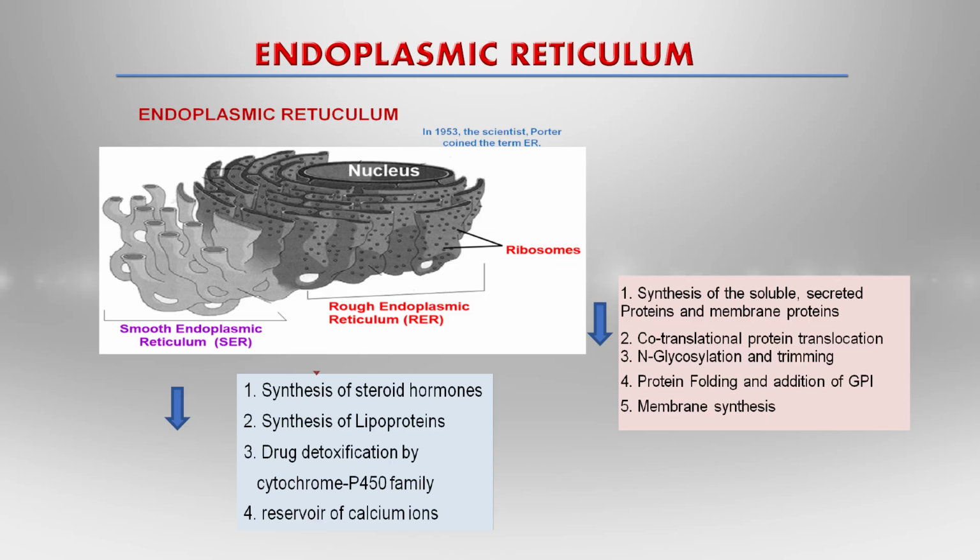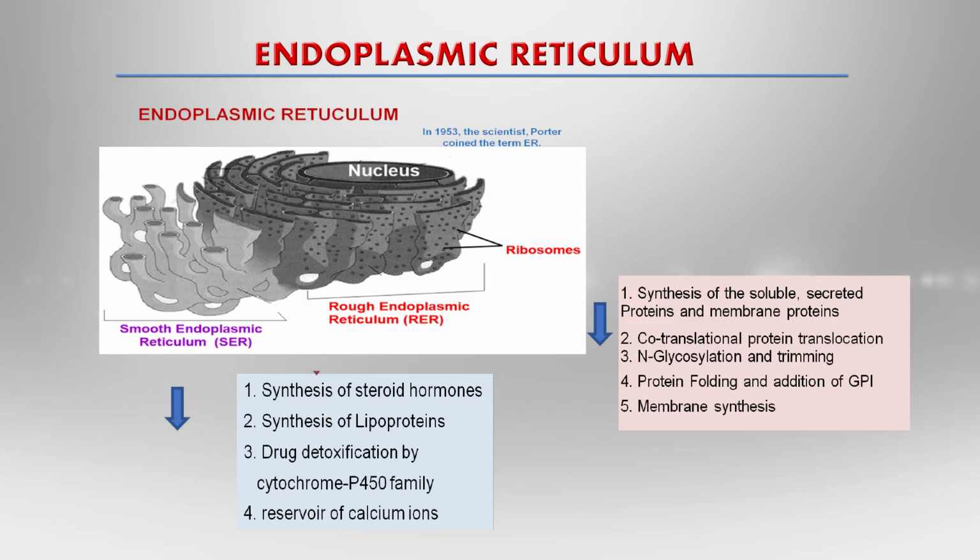The other form of the endoplasmic reticulum is the rough endoplasmic reticulum. We call it rough because its membrane is attached to ribosomes. The rough endoplasmic reticulum is responsible for the synthesis of soluble or secreted proteins, co-translational protein translocation, glycosylation, trimming and folding of proteins, addition of GPI, and membrane synthesis.